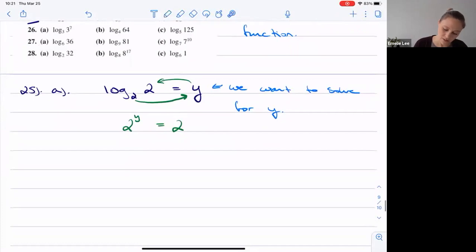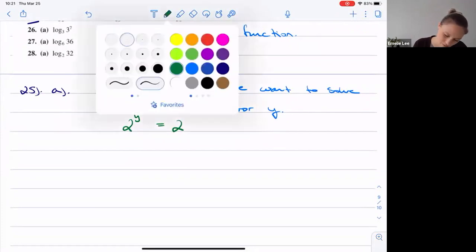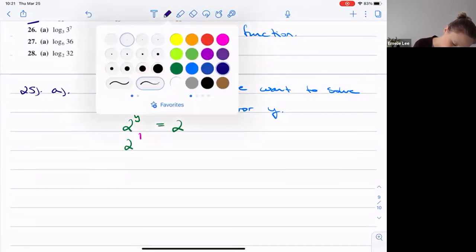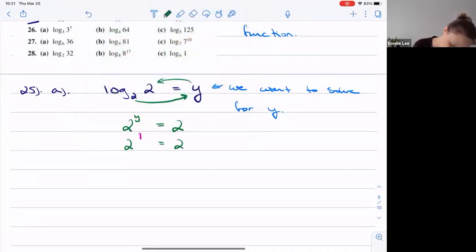Okay, so 2 to the power of what equals 2? Well, 2 to the power of 1 equals 2. Therefore, y is 1.